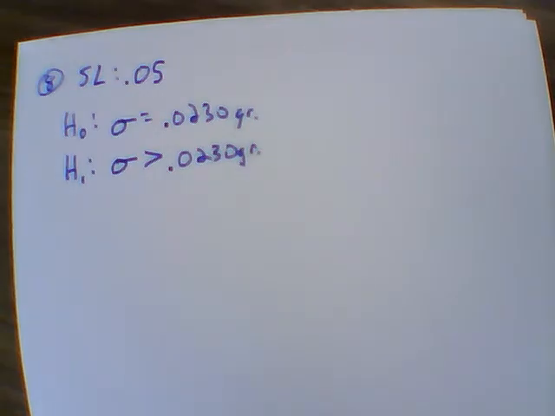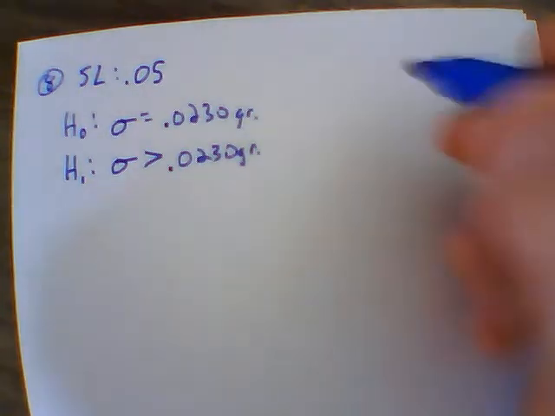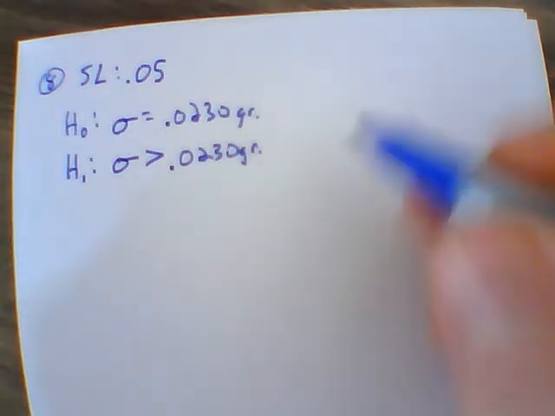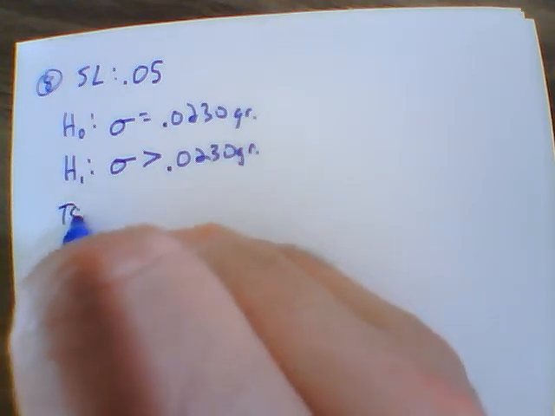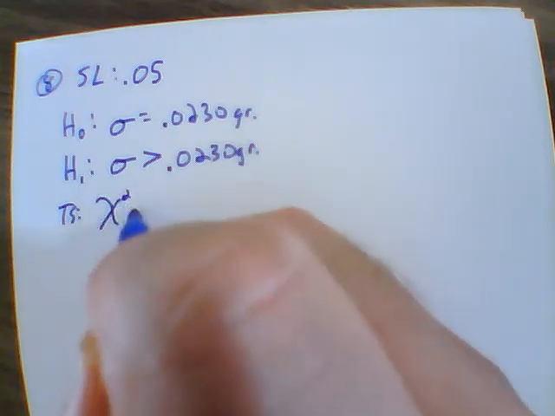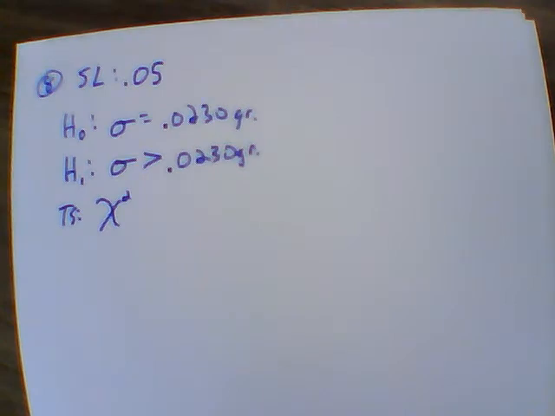Now, given this information, we are going to want to calculate our test statistic. So I'm just going to go down here, our test statistic. Once again, it is going to be chi-squared for this situation.